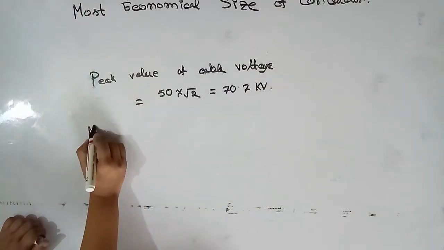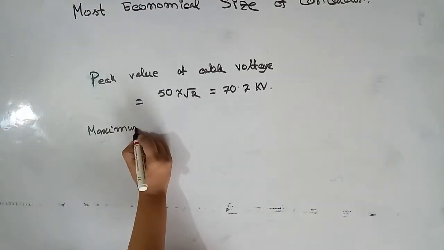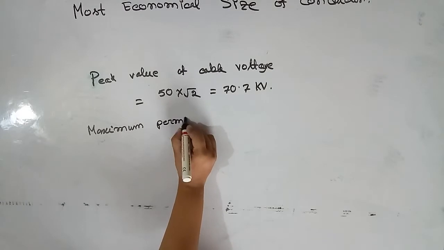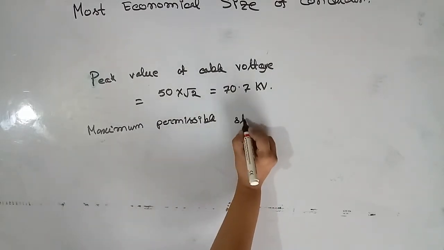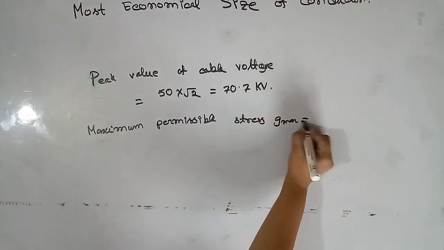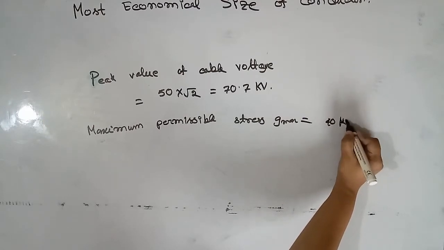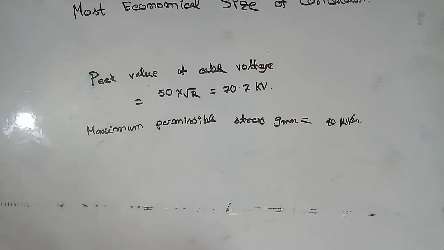Now maximum permissible stress is given by 40 kV per centimeter. Now assume this is the peak value.